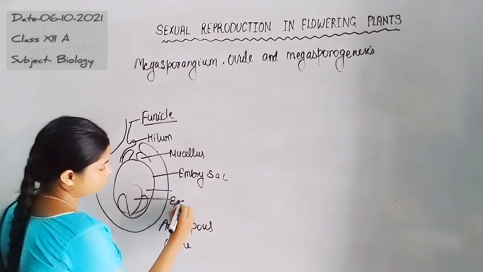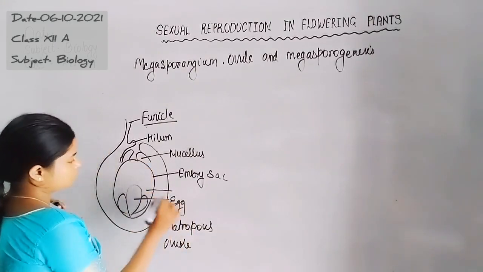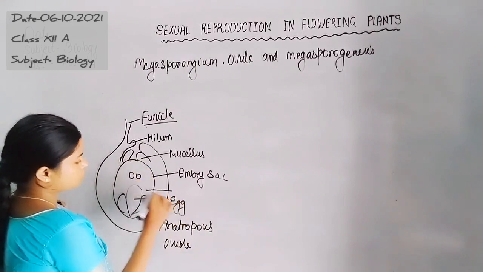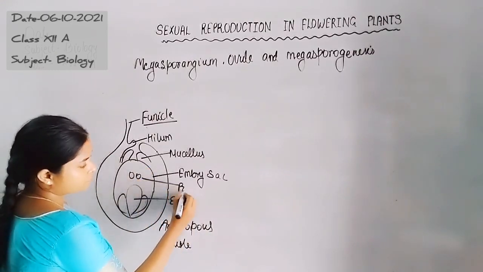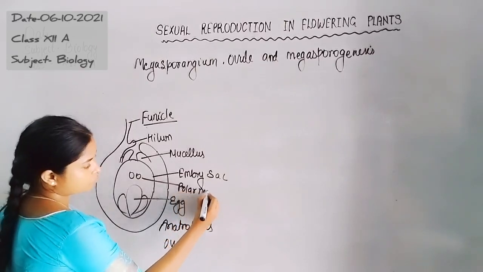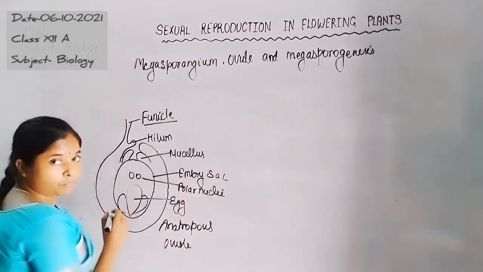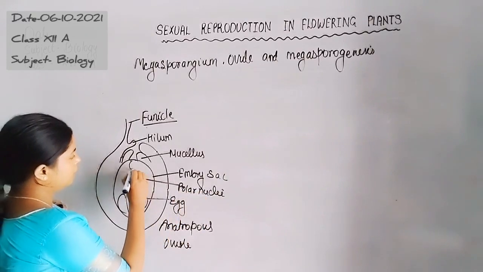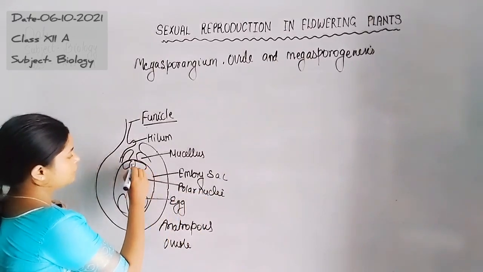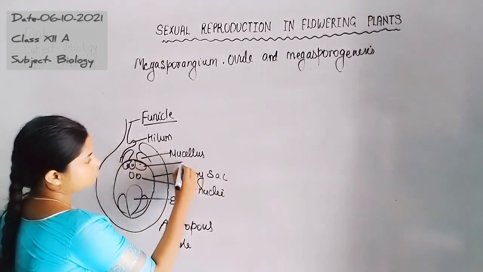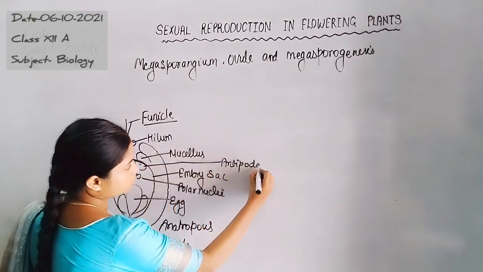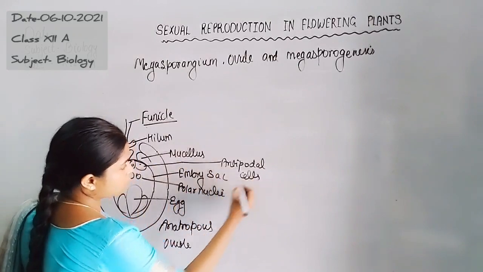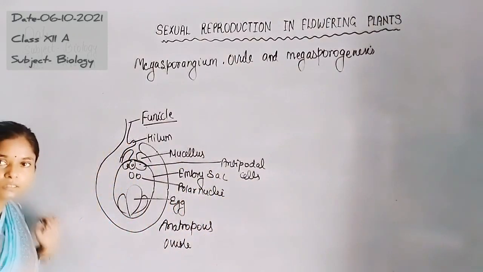Egg, polar nuclei, and antipodal cells. Three antipodal cells, only one egg.